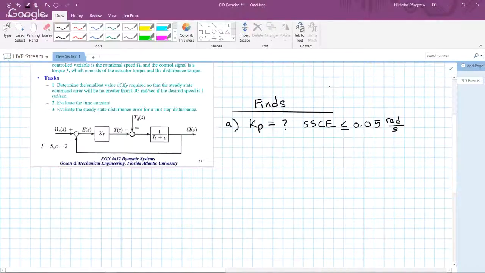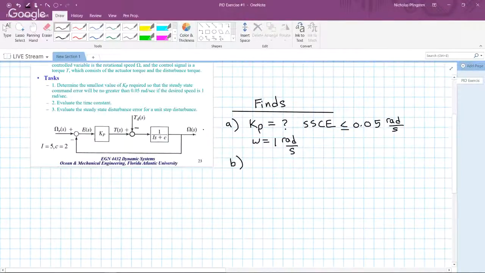If the desired speed is, and I'll put in the traditional omega, which is your radial velocity, 1 radian per second. All right, now B, the second finds.